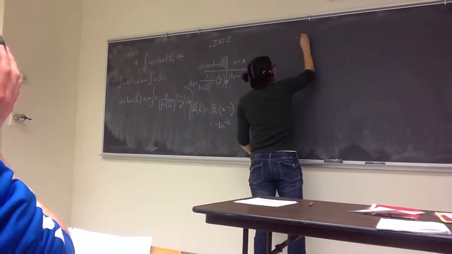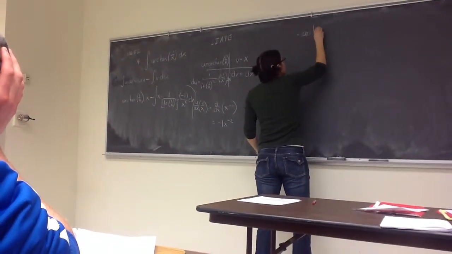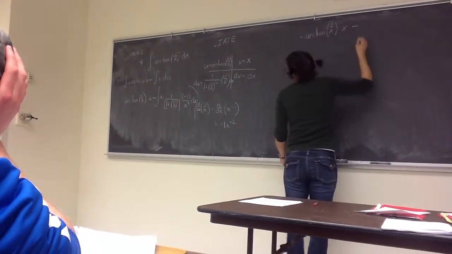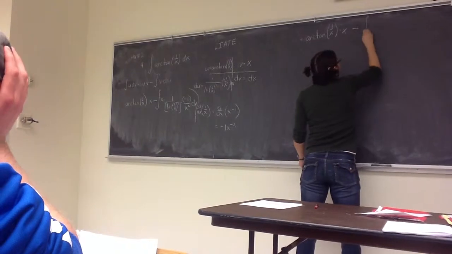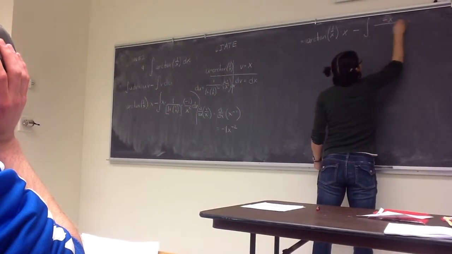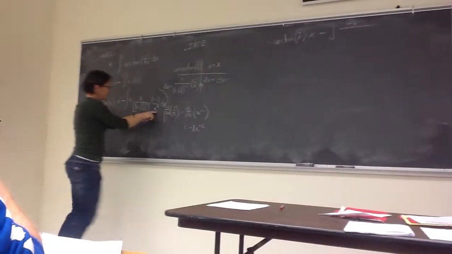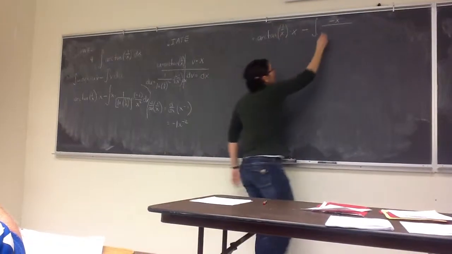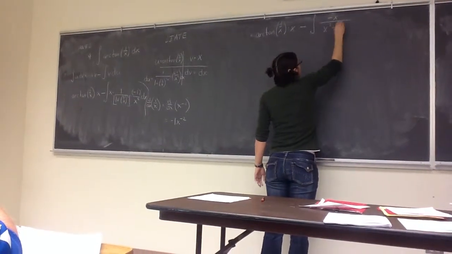And so we have arctangent of 1 over x times x minus the integral. In my numerator, I have a negative x. And in my denominator, I'm distributing this x squared to each of my terms. And so I end up with x squared plus 1.